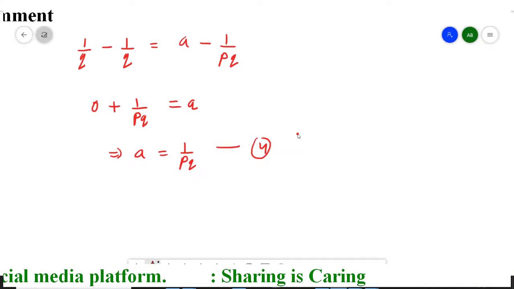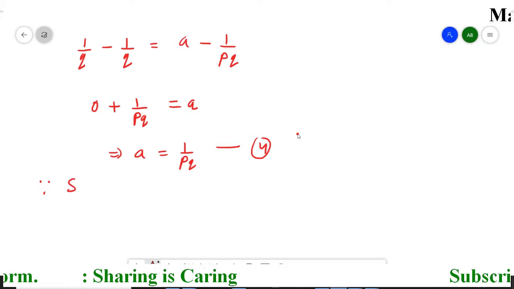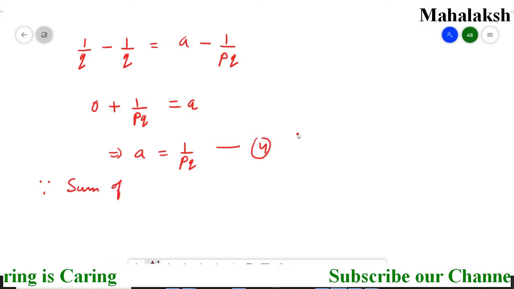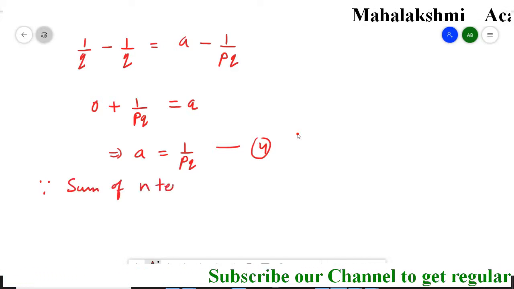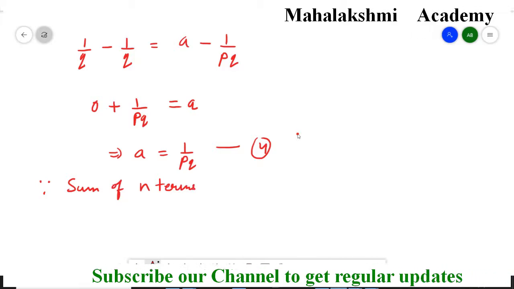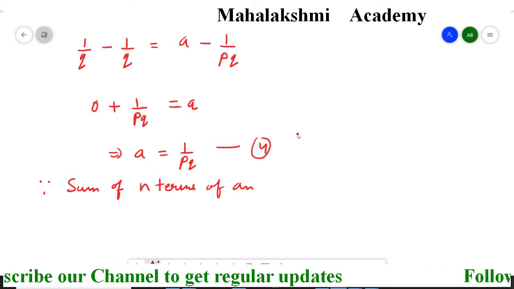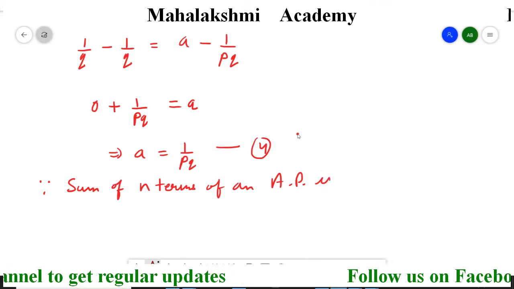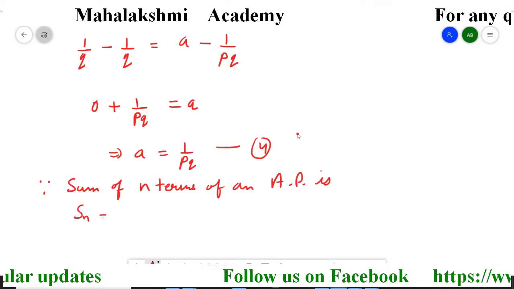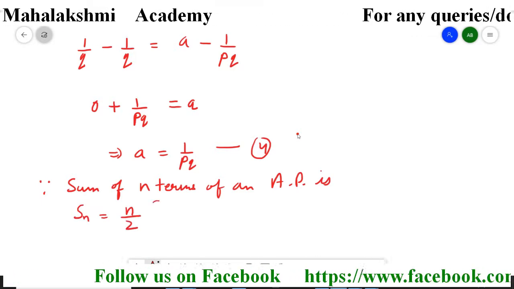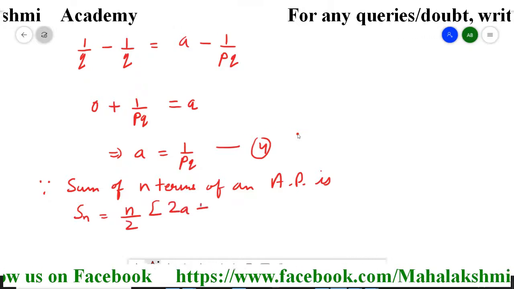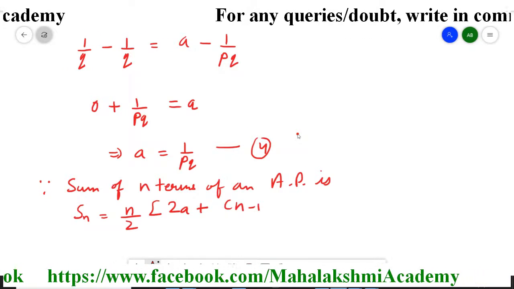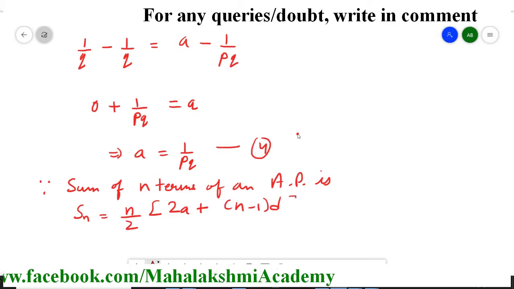So first we'll write down, since the sum of n terms of an AP is Sn equal to n upon 2 bracket 2a plus n minus 1 d.